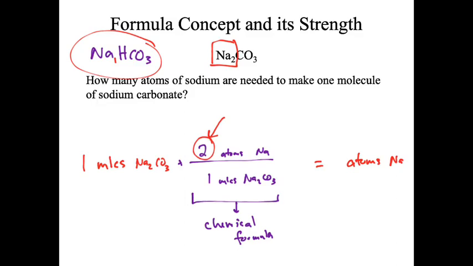Okay? Kind of, sort of? Cool. That gets us atoms of sodium. So for 1 molecule of sodium carbonate, we would need 2 atoms of sodium. Okay? And that might be something that we can do internally in our heads. Cool. Okay? I am officially fine with that. That question would show up as a multiple choice type question. Okay?